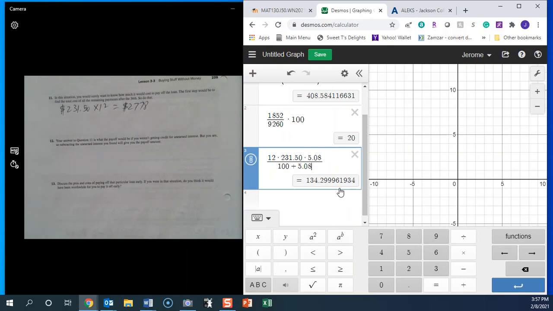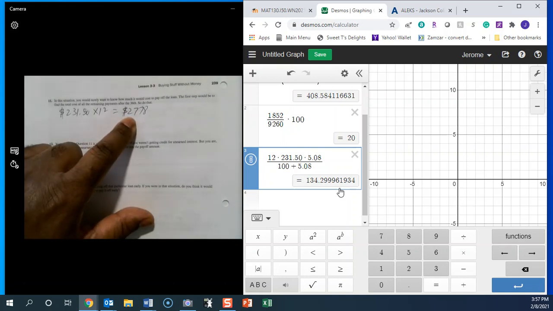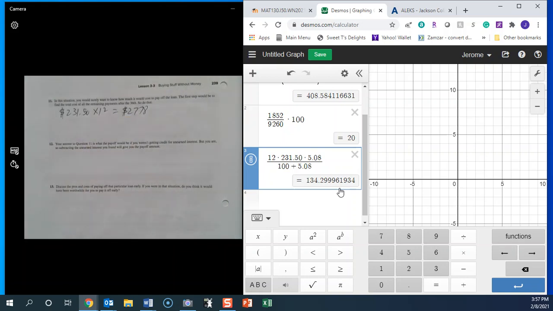Now, for number 12, just to let you know, this is how much would be left. But look here at number 12. It says your answer to question 11 is what the payoff would be if you weren't getting credit for unearned interest, but you are. So subtracting the unearned interest you found will give you a payoff amount.